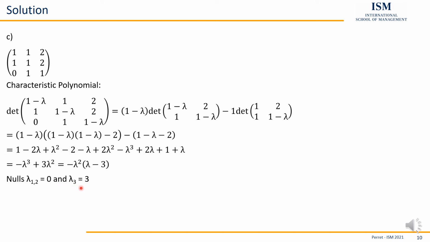So if I return to the comment I made earlier about algebraic frequency, here the eigenvalue 0, because we said the nulls are the eigenvalues, has an algebraic frequency of 2. The eigenvalue of 3 only has an algebraic frequency of 1.